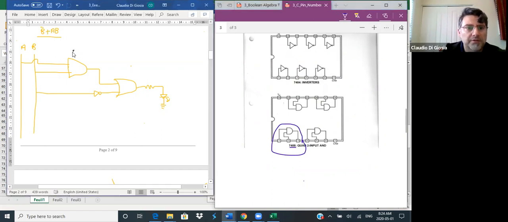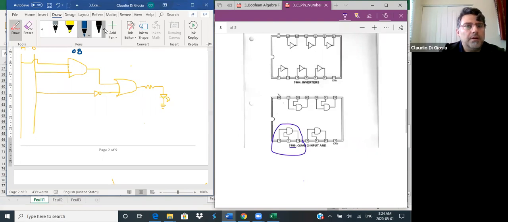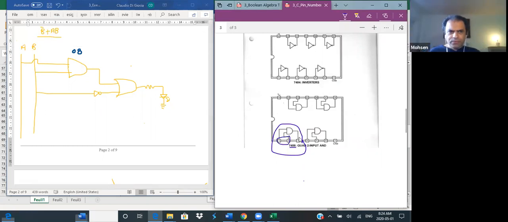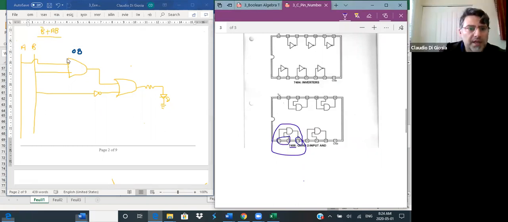So we're going to number this 08 because it's an AND gate. And then we're going to number it. What are the inputs? 1 and 2. 1 and 2, and the output is 3. So the input is 1 and 2, and output is 3.